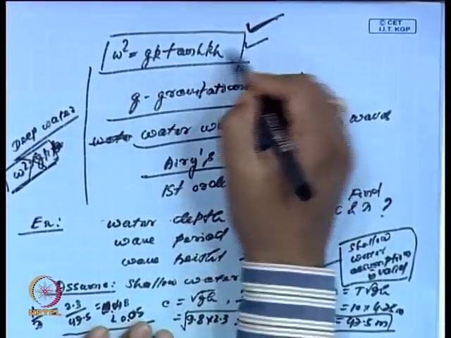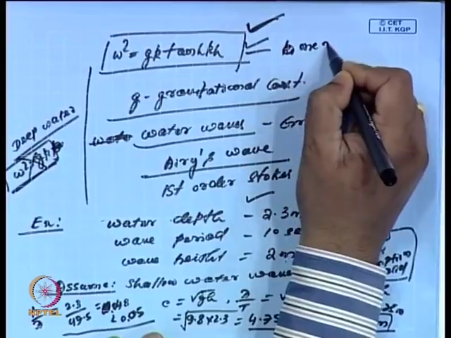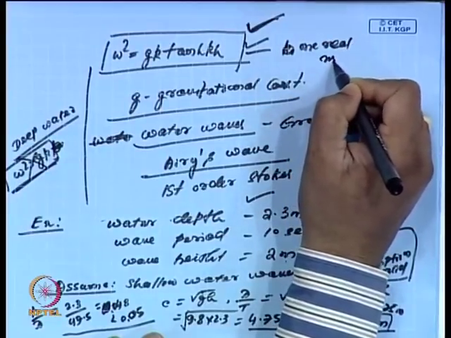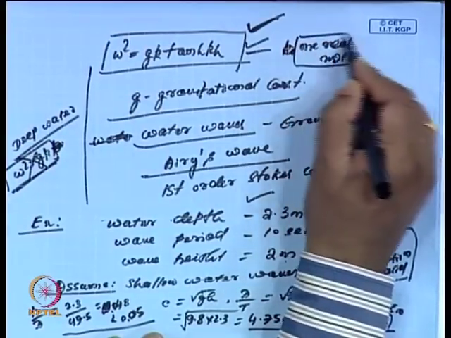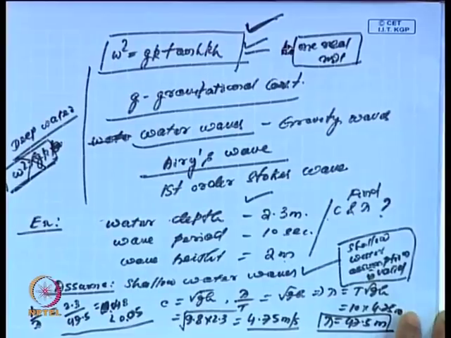You will always find there is one positive real root. That means, when you have water with a certain depth, one wave will exist in the water, one progressive wave pattern. The moment you have a disturbance, that wave will propagate.